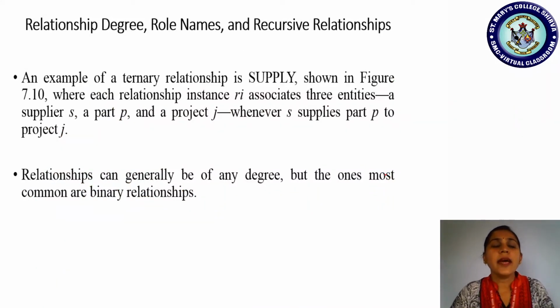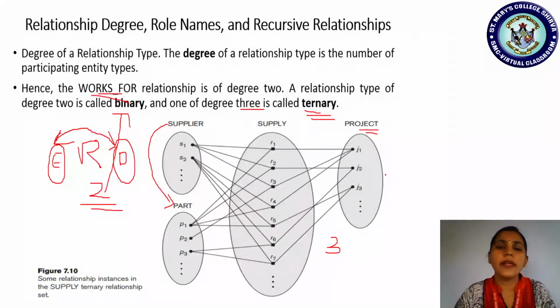Then an example of a ternary relationship is supply, shown in the diagram just discussed, where each relationship instance Ri associates three entities: a supplier S, a part P, and a project J, whenever S supplies part P to project J. So let us go back a little bit. Just check out here, students.